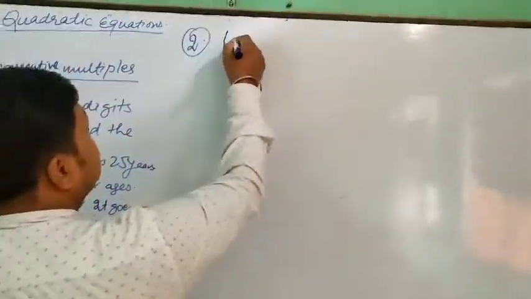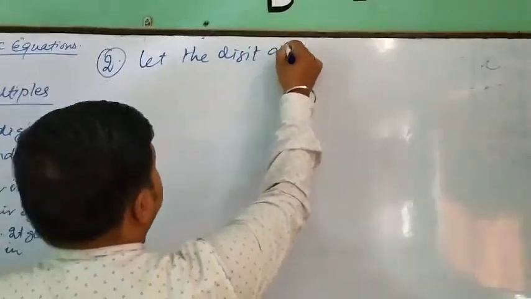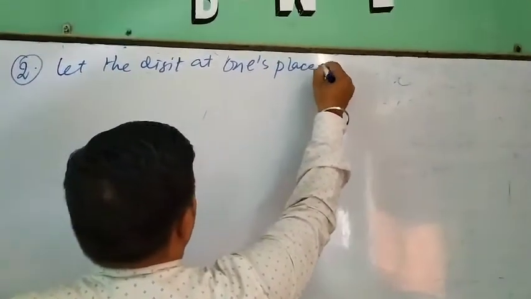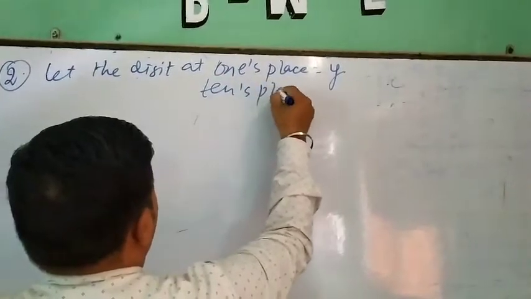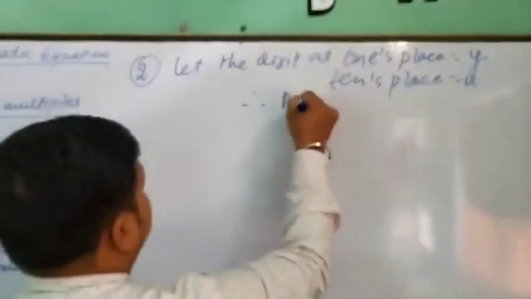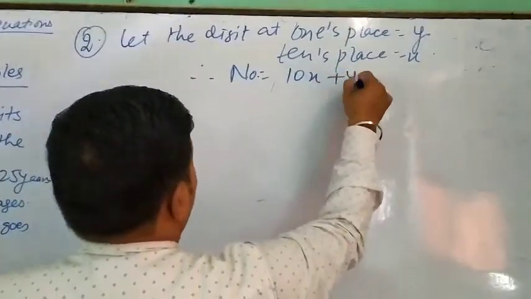So let the digit at ones place equal y and tens place equal x. So the number equals 10x plus y.